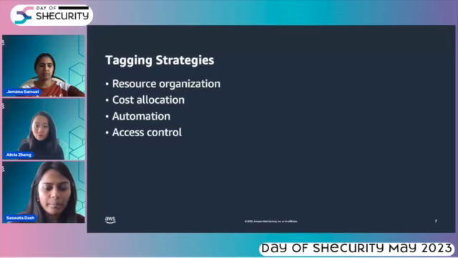For example, like I spoke about before, you could identify instances you want to start or stop by tag. And then there's access control. With tags within access control, you can define a strategy which restricts access to specific resources.